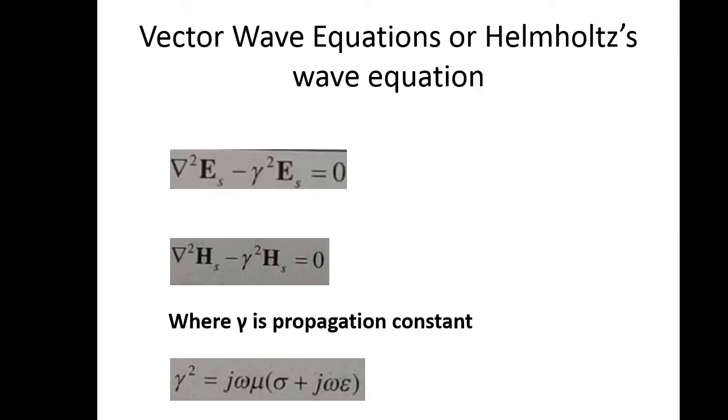So these two equations, del square Es minus gamma square Es equals 0 and del square Hs minus gamma square Hs equals 0, are called vector wave equations or Helmholtz wave equations. In both cases, gamma is the propagation constant, given by square root of j omega mu into sigma plus j omega epsilon.